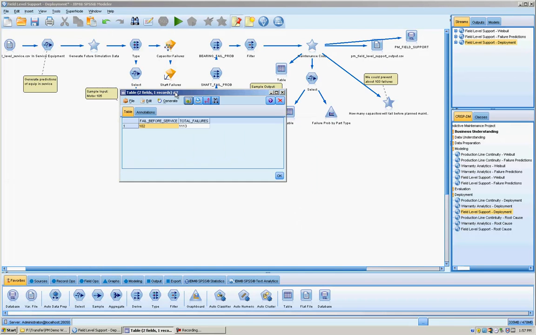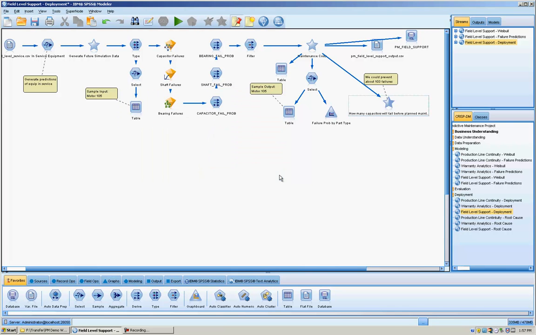So out of the 1,100 total failures, we could prevent 102 by having a more proactive maintenance schedule based on predicted reliability rather than a shotgun approach. Finally, we can take this data and export it for use in our dashboarding and to better align our maintenance schedules with the actual reliability.